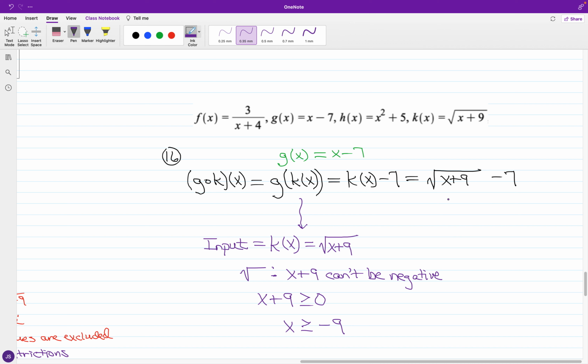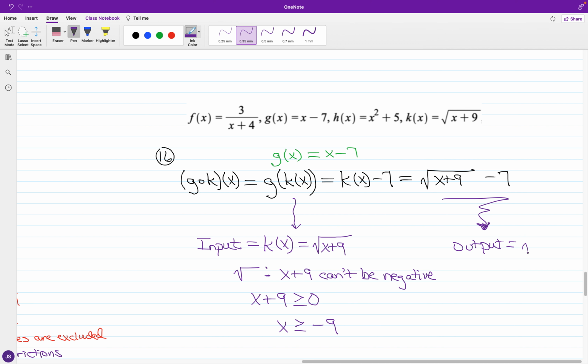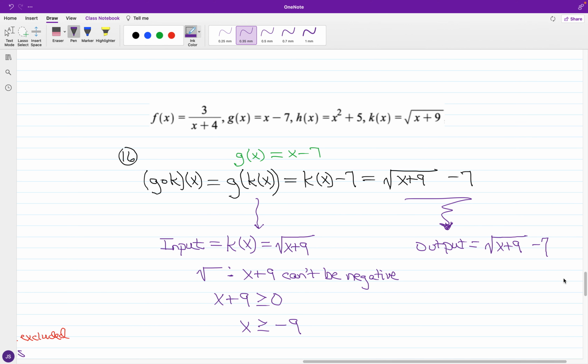And again, for the output, we have the square root of X plus 9 minus 7, and the offsetting pattern is just going to occur with the square root of X plus 9 term.